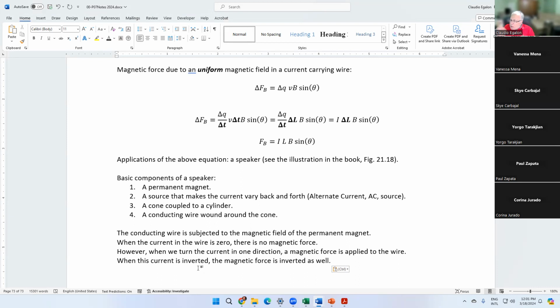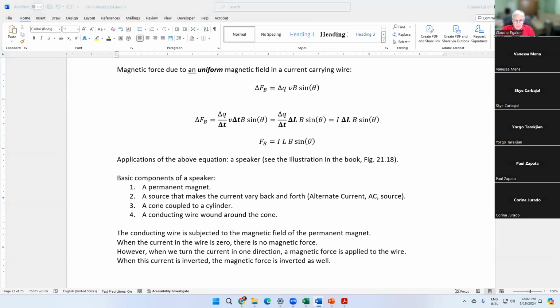If you can make this vibration very fast, 20 hertz, 30 hertz, 40 hertz, 1,000 hertz, 5,000 hertz, all the way up to 20,000 hertz, you do end up producing a sound that will have a frequency of vibration of your cone, okay?